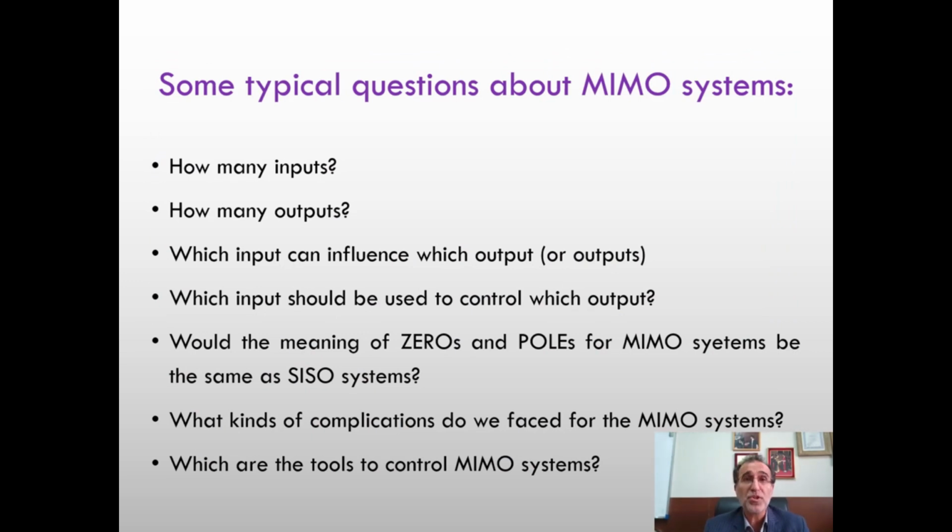But which are the typical questions about multi-input, multi-output systems? The first question is, how many inputs are we dealing with? How many outputs are we dealing with? Which input can influence which output?